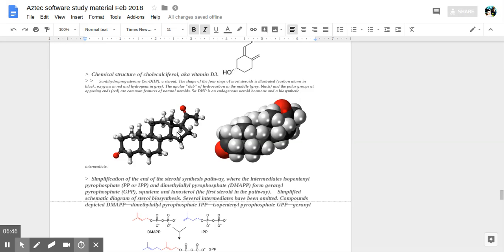The apolar slab of hydrocarbon in the middle is the darker black. The polar groups are in red. So this is a common feature of natural steroids: nonpolar in the center with the carbons and the rings, and the polar oxygen and hydrogen on the outside.